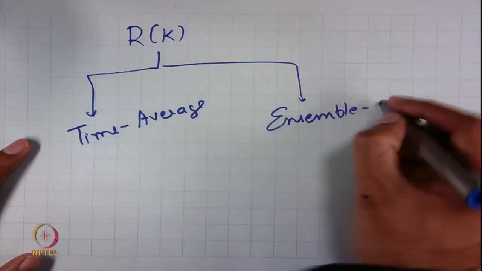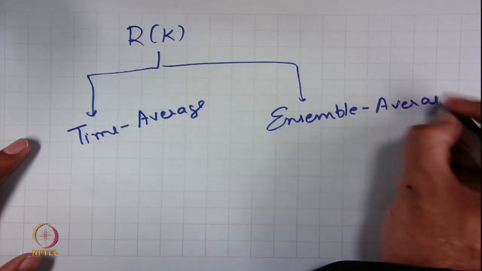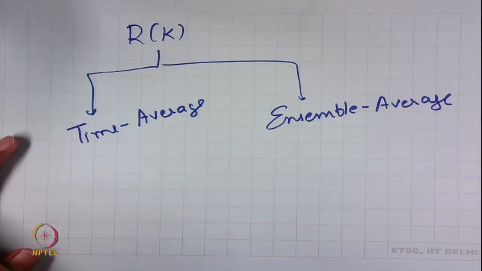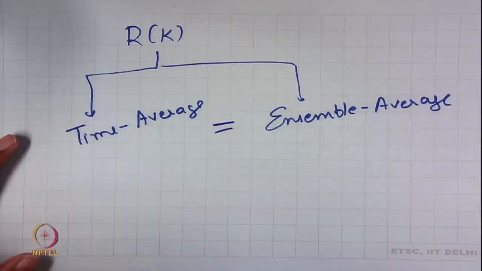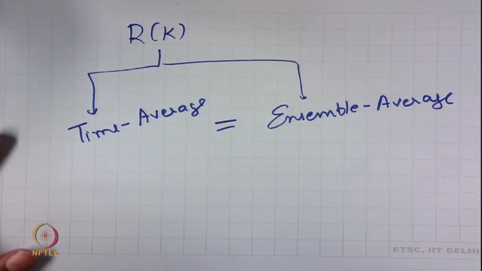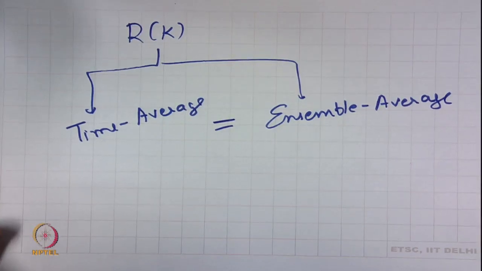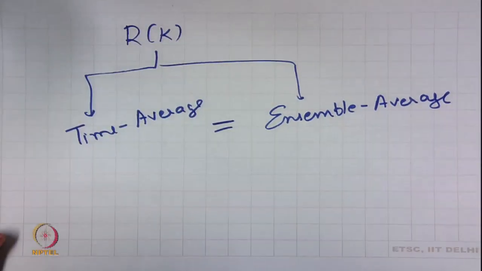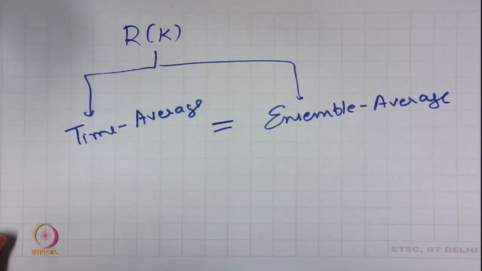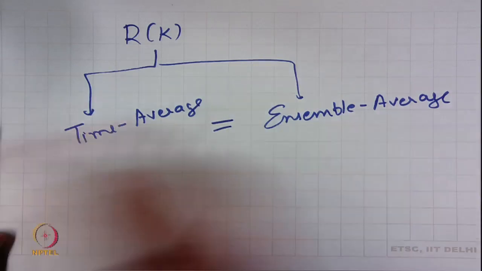We have seen all this before, and for an ergodic process, this time average is the same as the ensemble average, and we have also said all practical processes are ergodic processes. So, we can either calculate this autocorrelation function using a time average operation, or we can find this using ensemble average ideas.